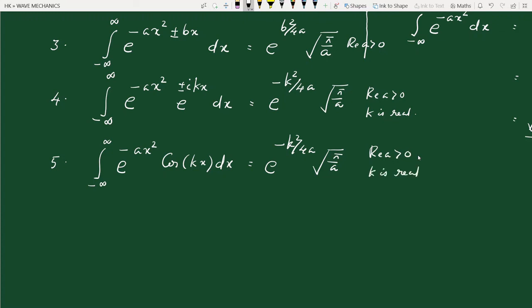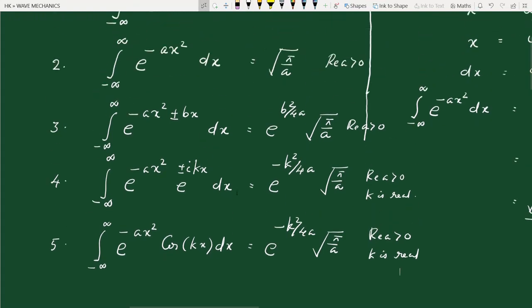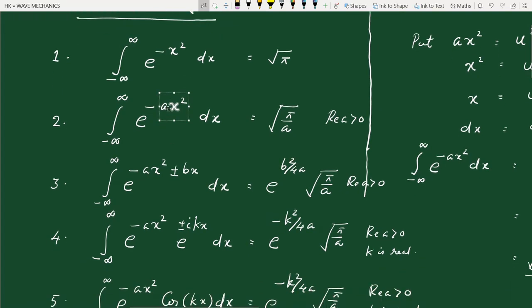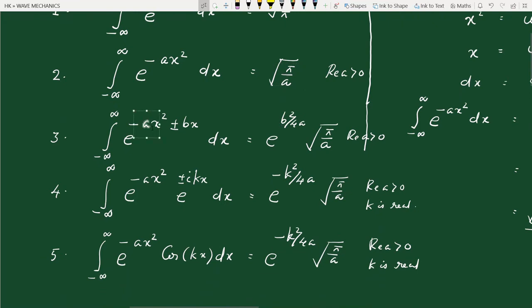Okay. So here what we see is that these are some basic Gaussian integrals. Here you have a Gaussian integral with pi, and here there is a change of variable, some extra constant a, which can be any complex number with the real part of a greater than 0, and again you will get root pi by a. Here along with the Gaussian function you have another exponential e raised to plus or minus bx, and this is the result.